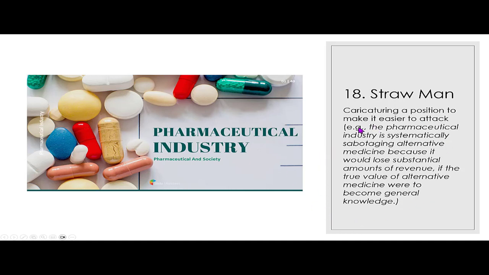That peach pit or apricot pit in the other lecture, this would be a good example of maybe the straw man, right? So, oh, this actually cures cancer, but the pharmaceutical companies don't want you to know about it because everybody would just be cured if they did this, and then they would lose this revenue, right? So this would be the straw man.